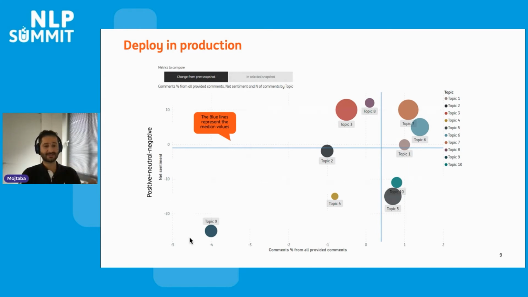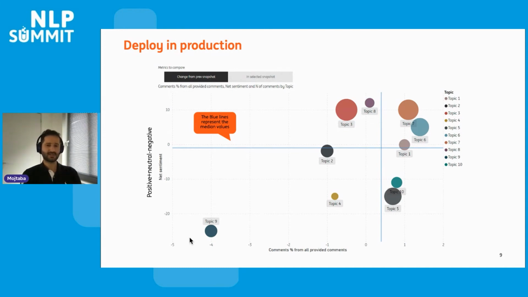It shows the net sentiment and number of comments with respect to last month, 2 months ago, or whatever comparison you want to do. The circle size shows the number of comments in these months. Topic 3 and topic 7 were the most common topics in these months.